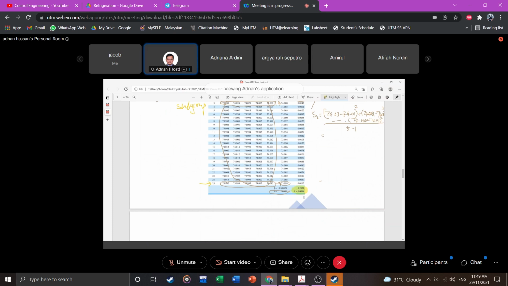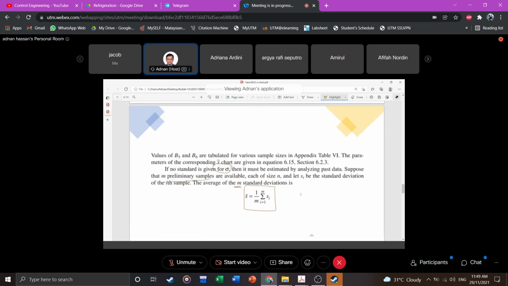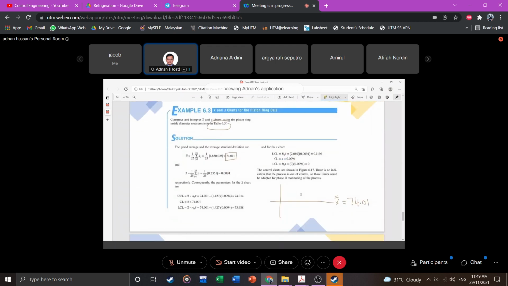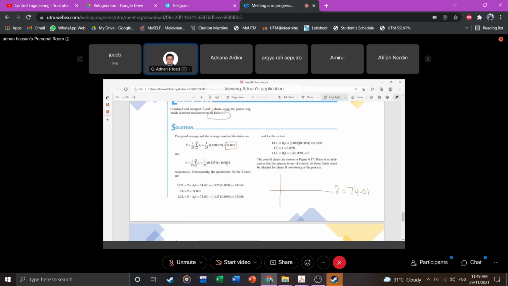Divide by 25 and you get 0.0094. So now we have X bar, X double bar, and also S bar.